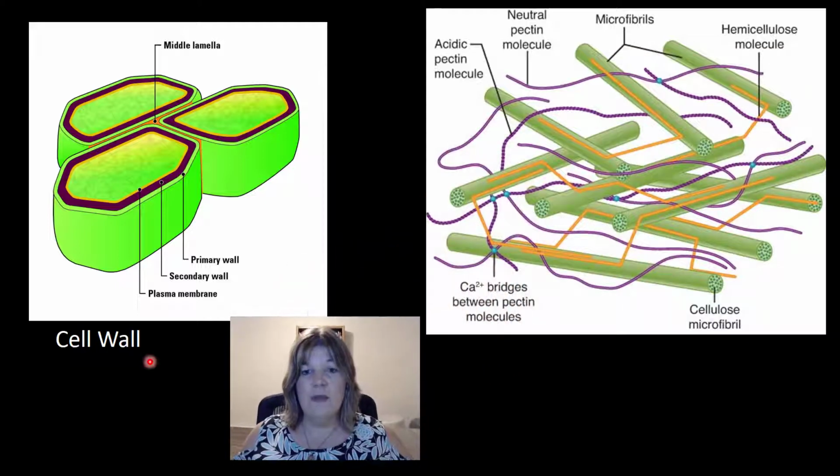Another major structural component of plant cells is the cell wall. The majority of plant cells have cell walls, the exception being some sperm cells. It not only provides strength and protection, but it's also a site of considerable metabolism. Cell walls are composed primarily of the polysaccharides cellulose, hemicellulose, and pectins. Cellulose is not easily broken down.